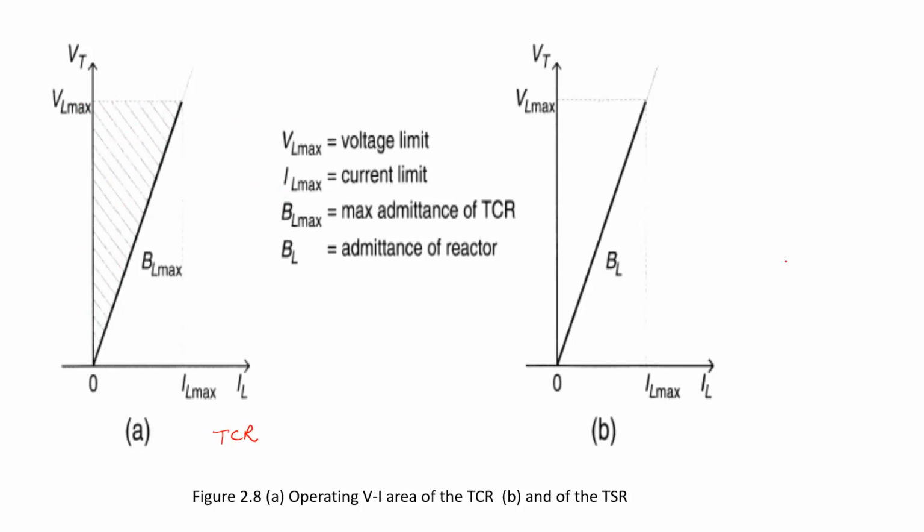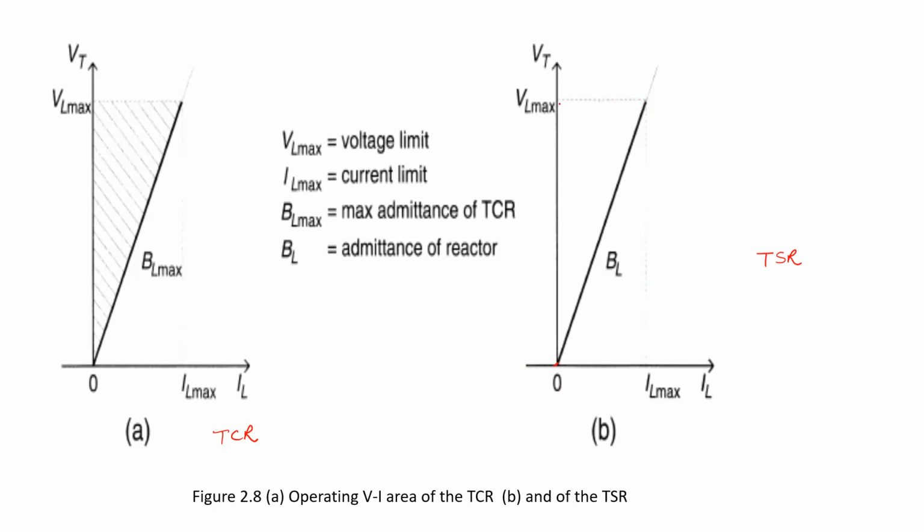Now this is the VI characteristic or VI area, operating area for the thyristor switch reactor, because we are switching the thyristor either conducting or not conducting. So this is the not conducting points. It is not conducting and it is going to conduct to its maximum value.